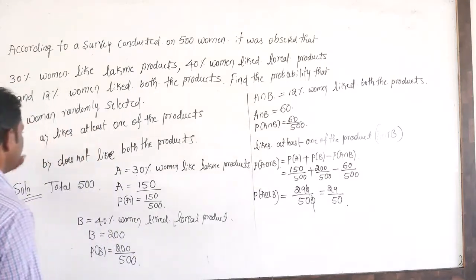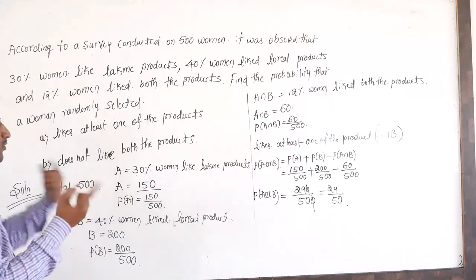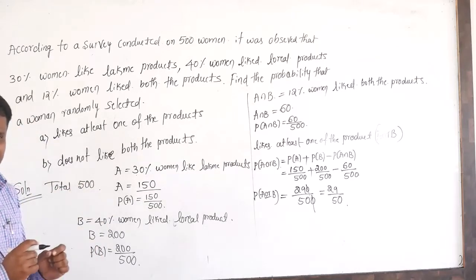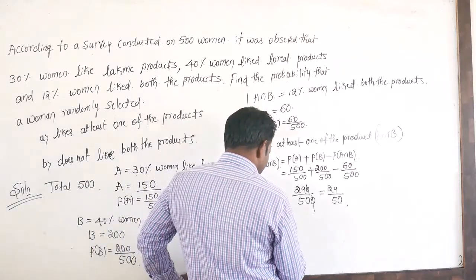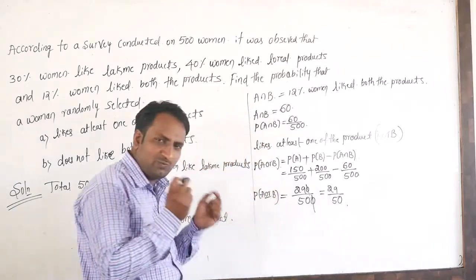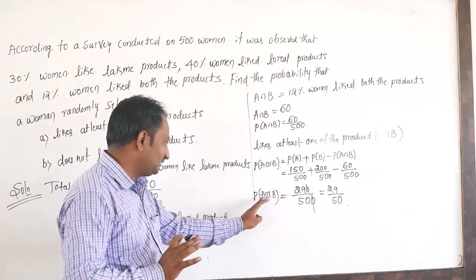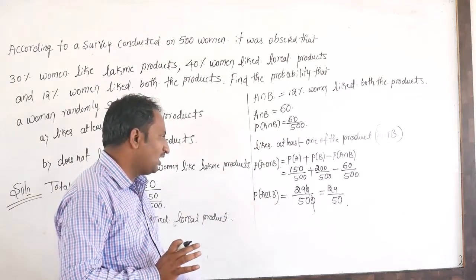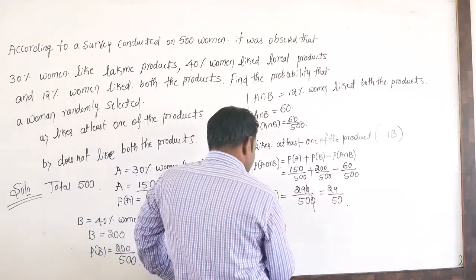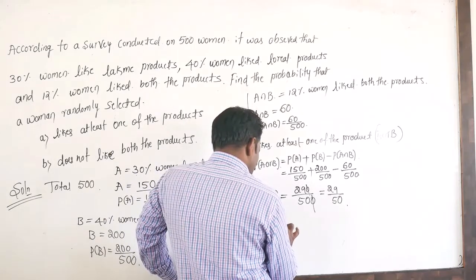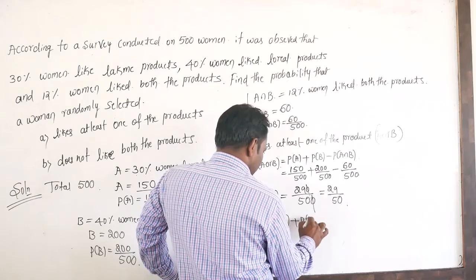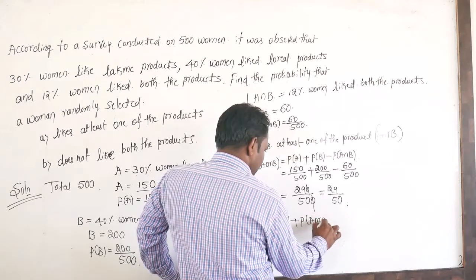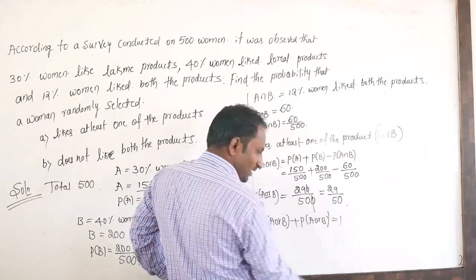Next question: does not like both the products. The ones who like at least one of the products are A or B. Here the probability of A or B plus the probability of A or B dash is equal to 1.